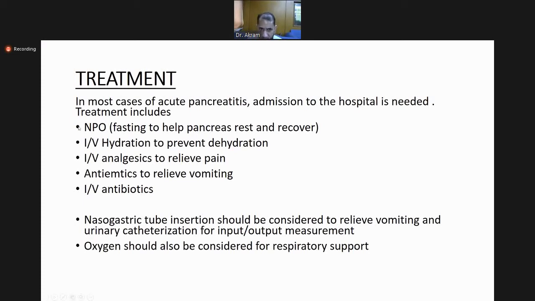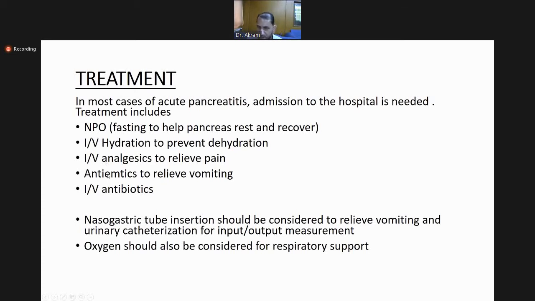So the first line of management of acute pancreatitis is admission. When serum amylase becomes raised, you should admit. Then NPO, IV fluid, correct fluid electrolyte imbalance, and a very good analgesic to relieve the pain so the patient becomes comfortable.